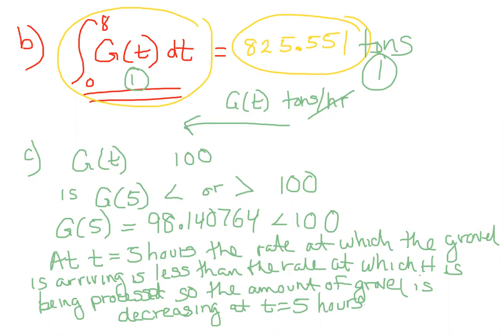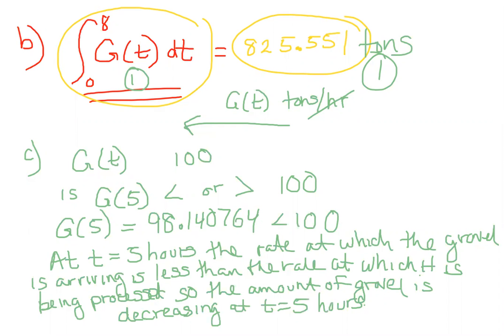Okay, since it's arriving at a lesser rate than it is being processed, the amount is decreasing. Make sense? All right, let's look at part D. Oh, and for that one, you would have gotten 1 point to compare G of t and 100 and 1 point for your answer right there.